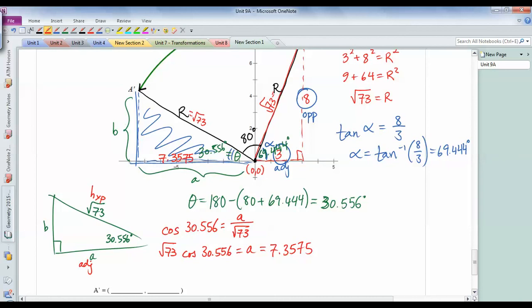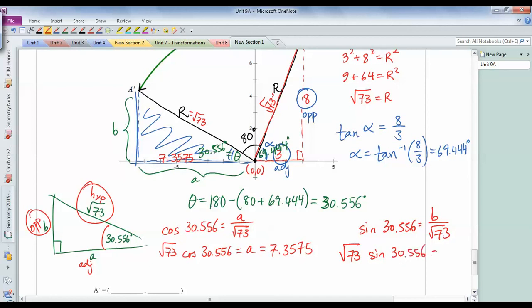So this is 7.3575-ish right there. And to get B, that's the opposite side. So I'm going to use B and the root 73 with this angle. So that uses sine. So sine of 30.556 equals B over root 73. So I get root 73 times sine of that angle, which I can cut and paste because it's a long decimal.